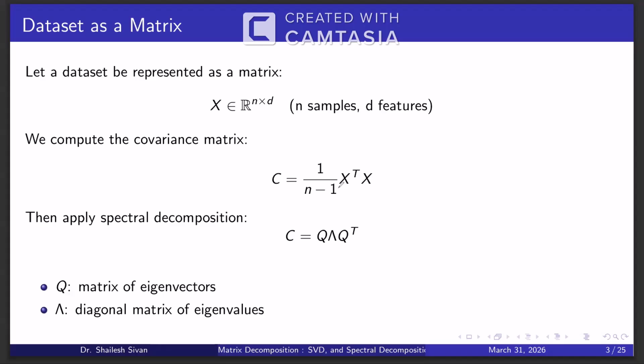Correlation versus covariance. So covariance measures the direction of the relationship, and correlation is actually giving a degree.